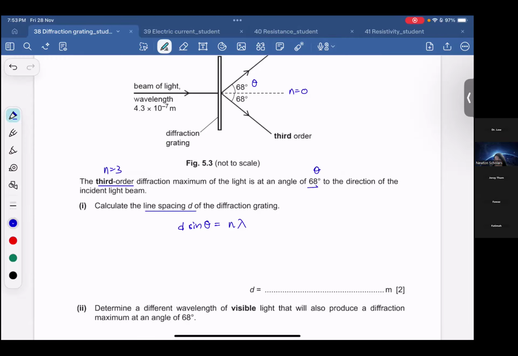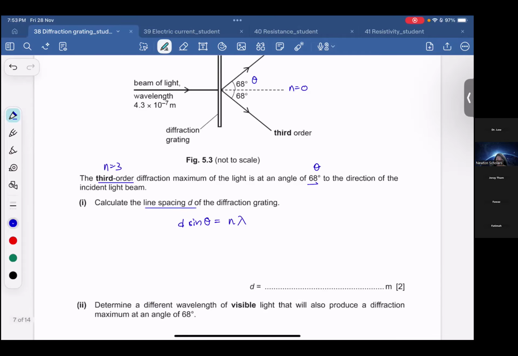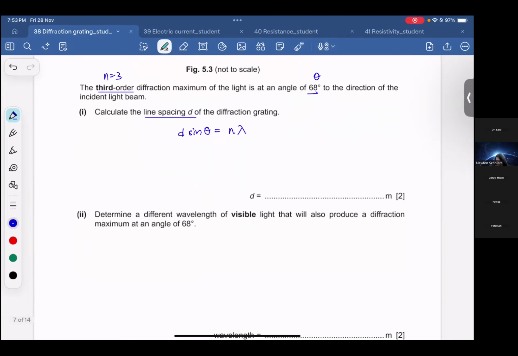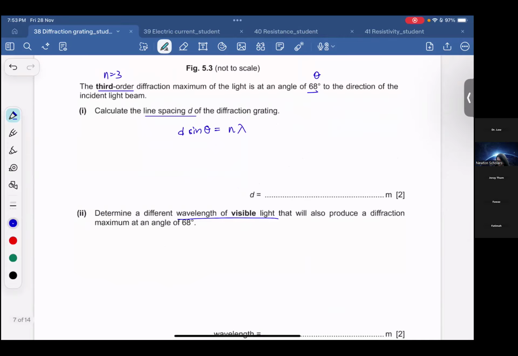Do your calculation and tell me your answer. Wesley correct. So d sin 68 degrees equals the third order wavelength.